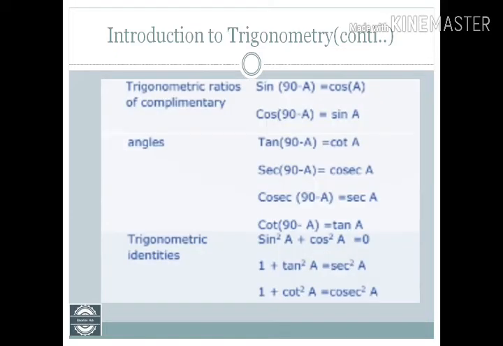Because sine theta is perpendicular by hypotenuse, and cos theta is base by hypotenuse. And we know that hypotenuse squared equals base squared plus height squared. So from there we get that cos and sine are the complements of each other.